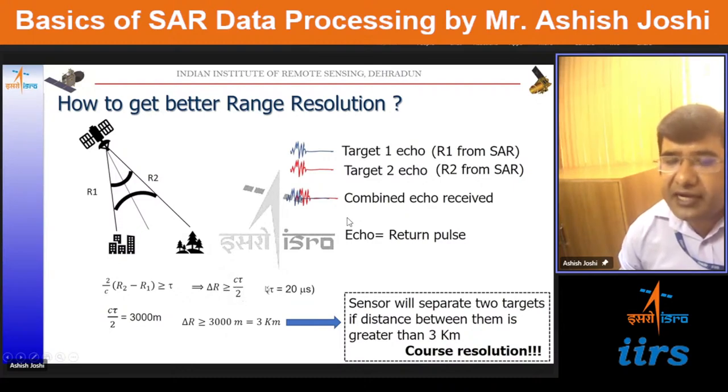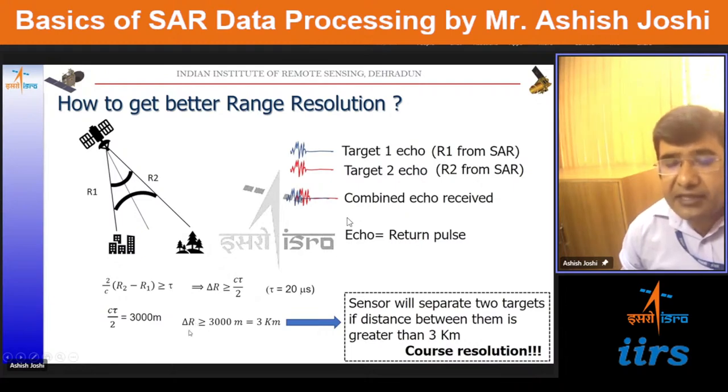So if we take tau equal to 20 microseconds, using the speed of light, C tau by 2 gives 3000 meters. And delta R should be greater than 3000 meters, or 3 kilometers.